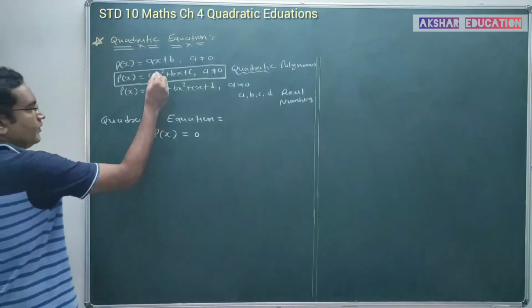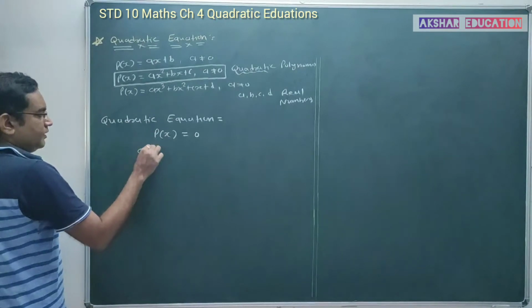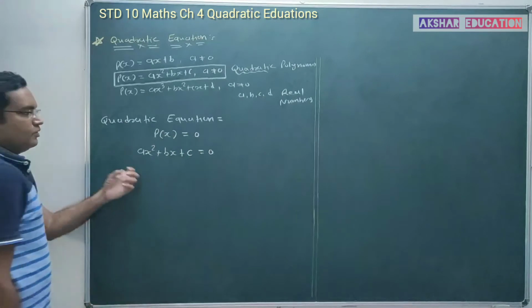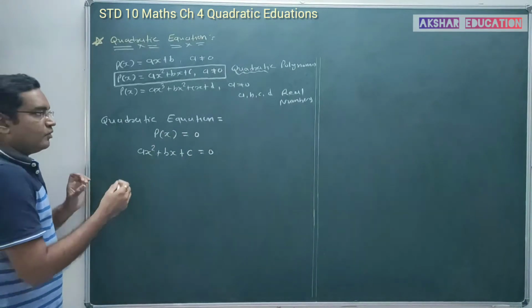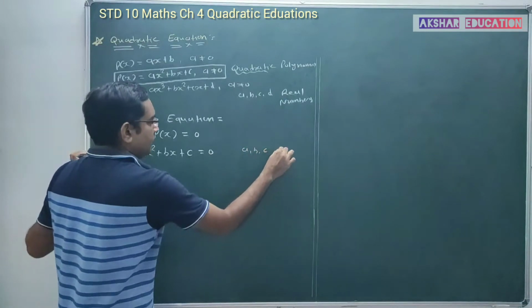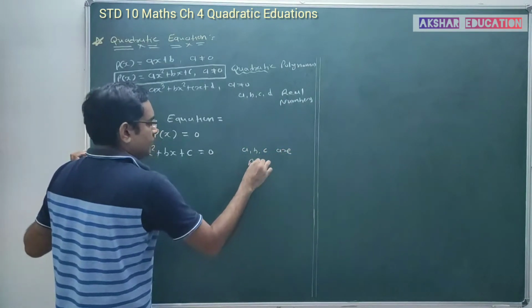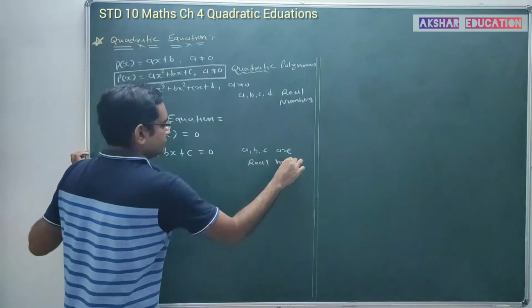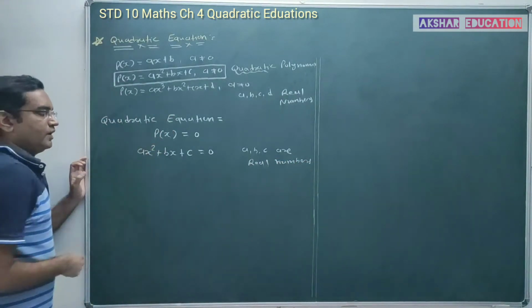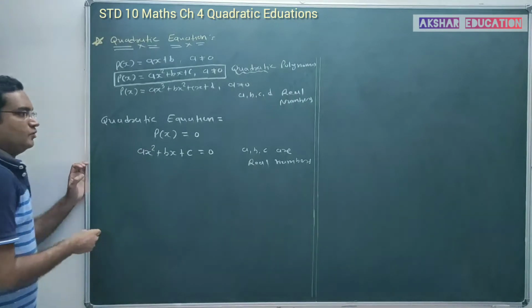So p of x in this case is ax square plus bx plus c equal to 0. This is known as the standard form of quadratic equation, where a, b and c are real numbers. This is a quadratic equation of only one variable whose maximum power is 2.